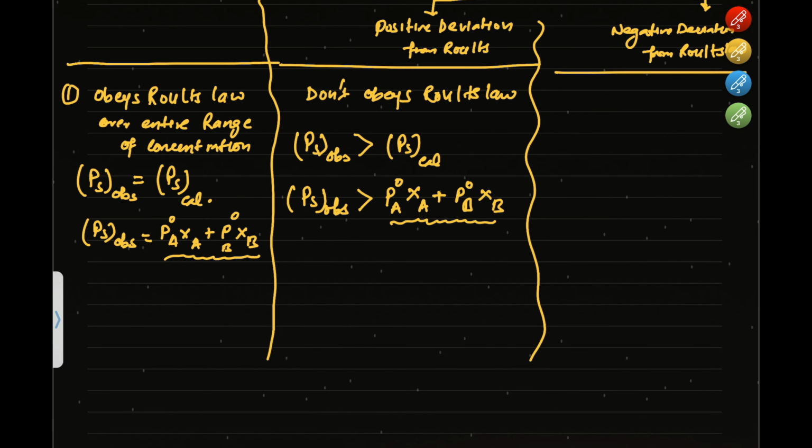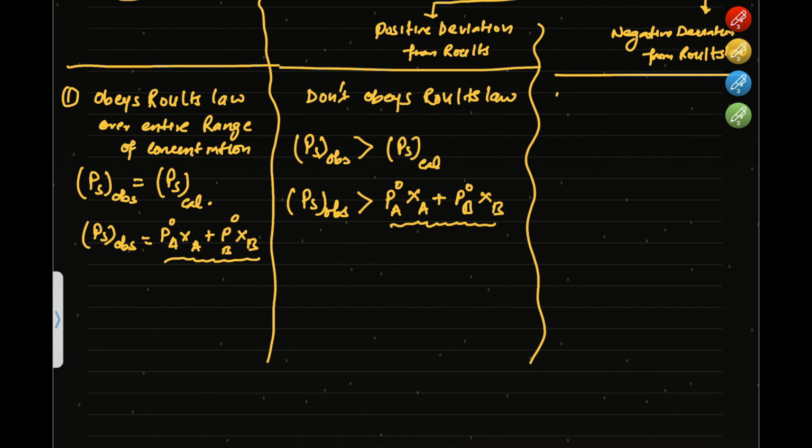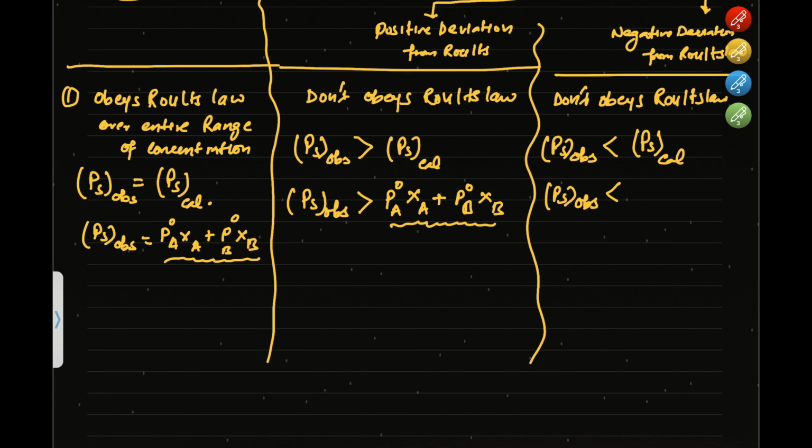Okay, negative deviation. Negative deviation does not obey Raoult's law. This means the vapor pressure observed experimentally is lesser than the vapor pressure calculated from Raoult's law.